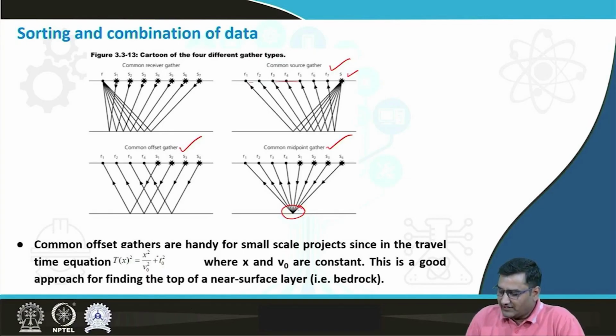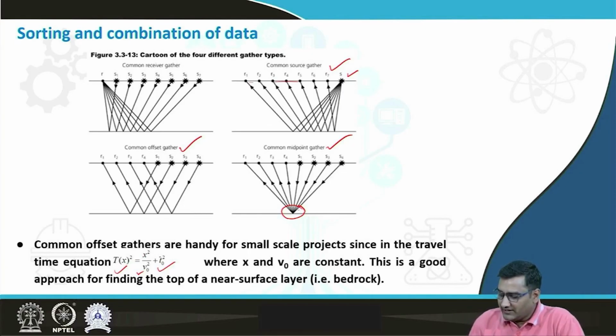The common offset gathers are handy for small scale projects, since in the travel time equation, Tx squared is equal to x squared by v naught squared plus t naught squared, this t naught is the two-way travel time for zero offset distance, v naught is the top layer velocity, and x is the offset.